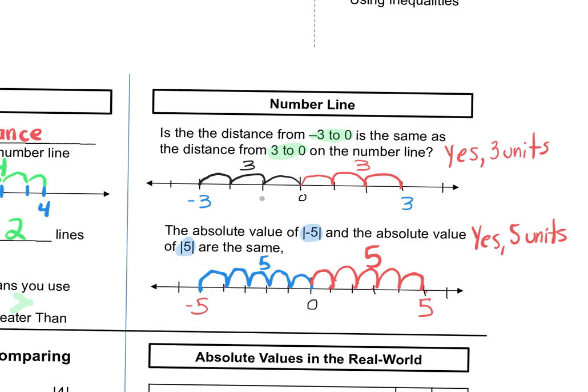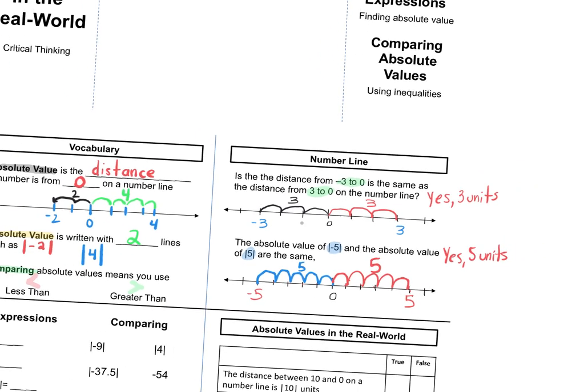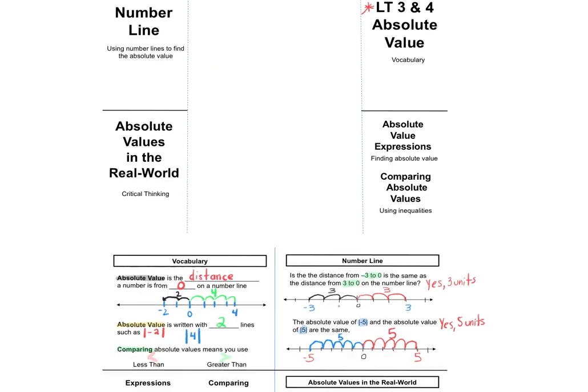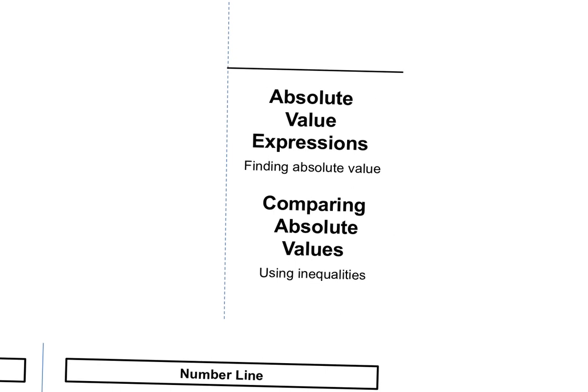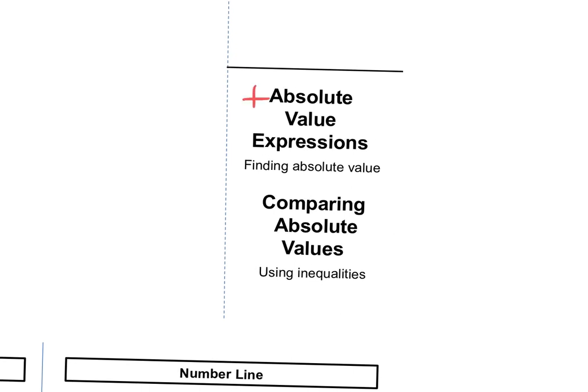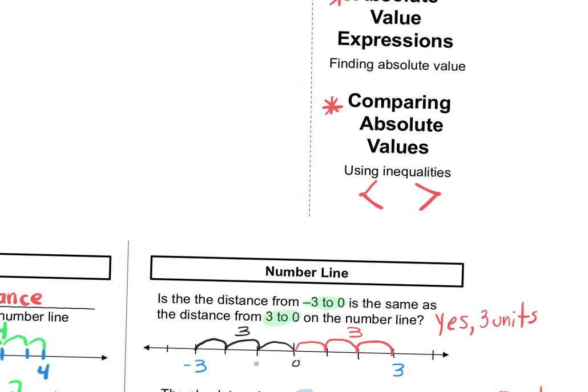Okay, let's move on. Again, at any time you need to pause this, please feel free to. We're going to be working on absolute value expressions and comparing absolute values. Don't forget inequalities, which is less than or greater than. All right, so let's get into an expression.